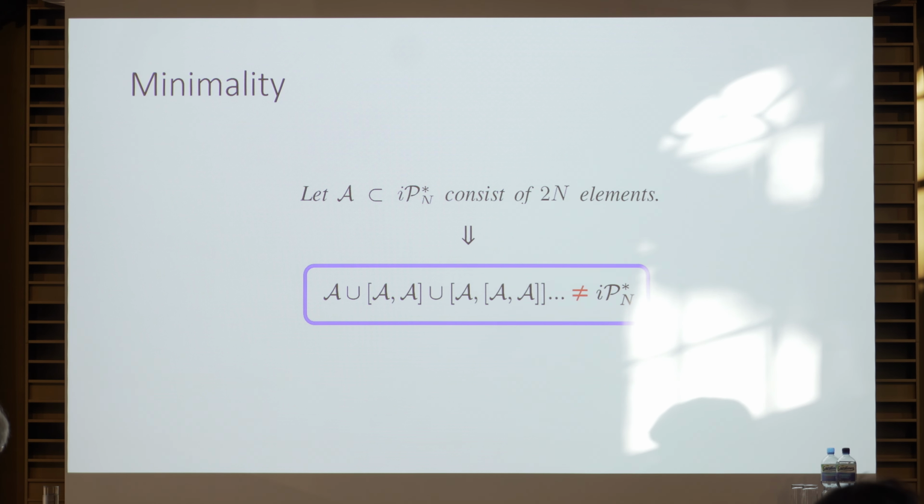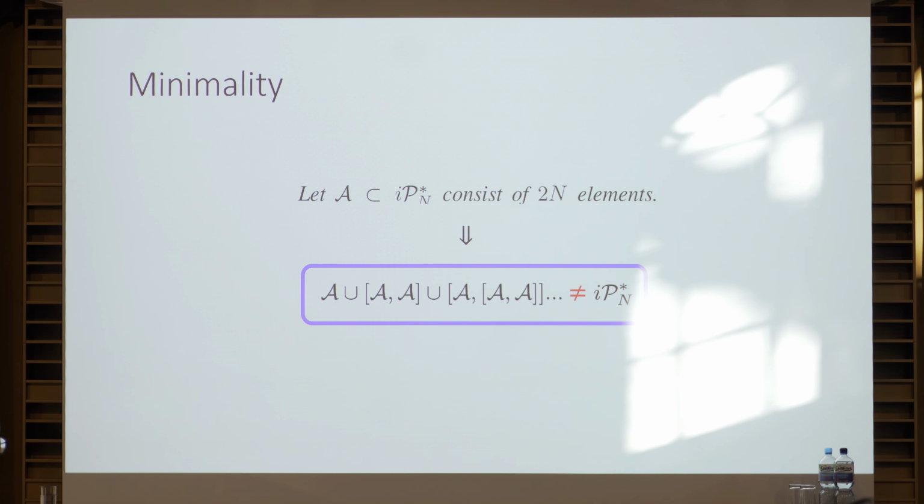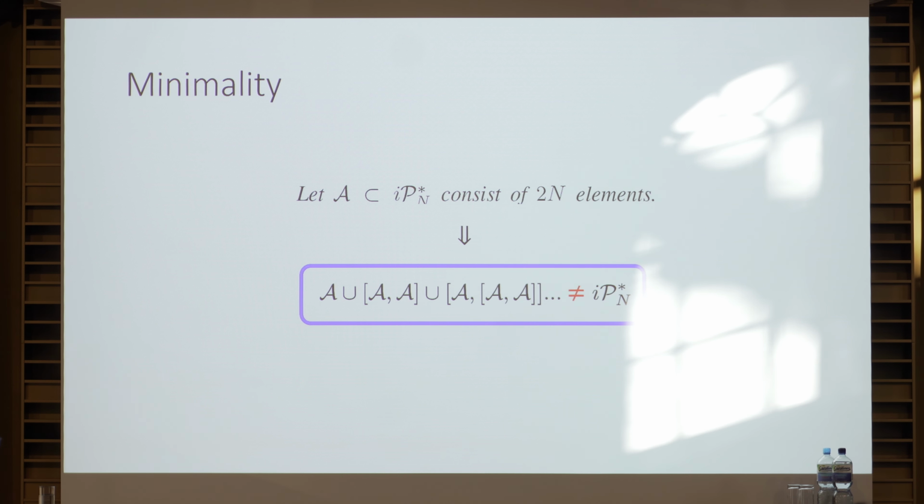Now I just state the minimality result, which is: pick any set that has size 2n. You cannot generate the whole Pauli group. And the reason is there's 2 cases, just to have it mentioned at least. One case is where everything anti-commutes with everything else.